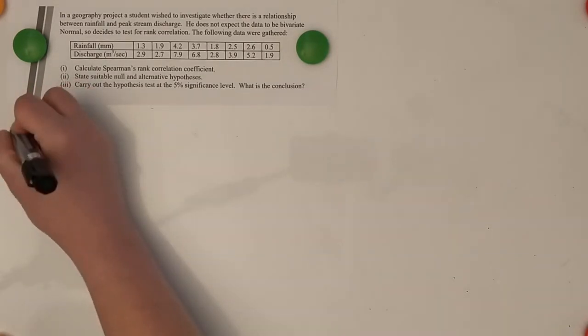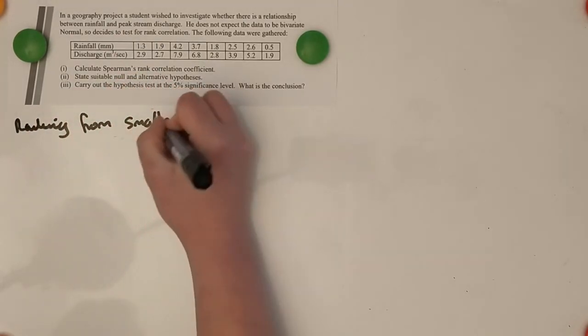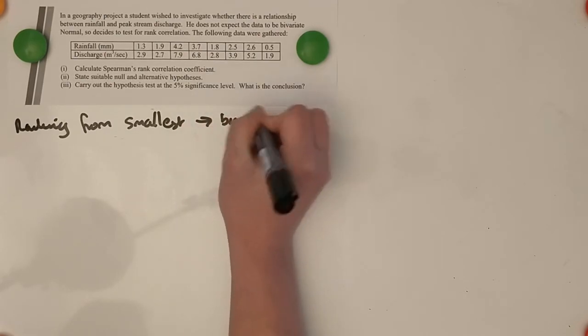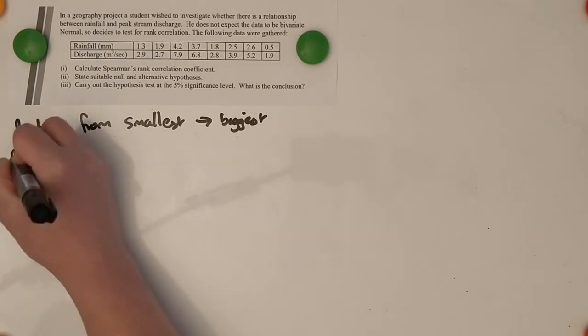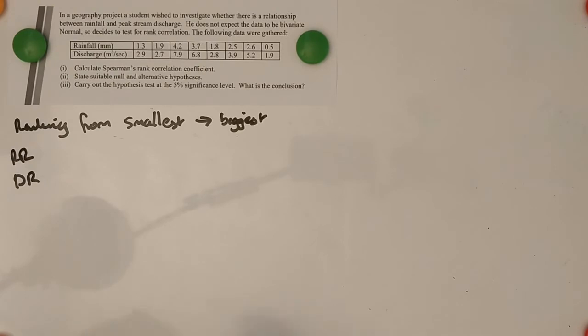So ranking from smallest to biggest, that means my rainfall rank and my discharge rank.